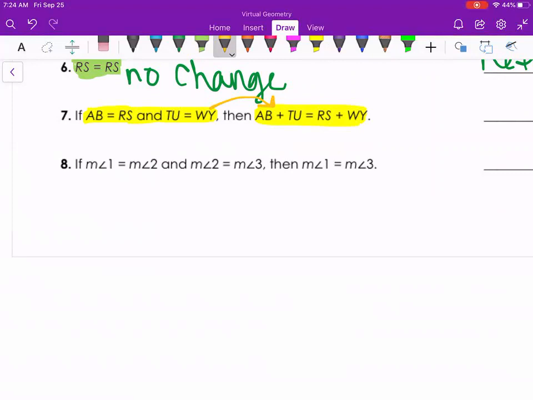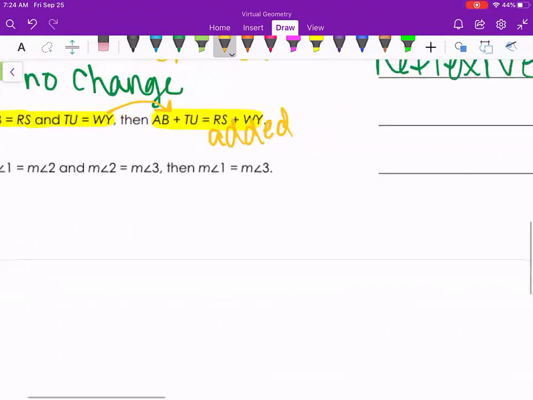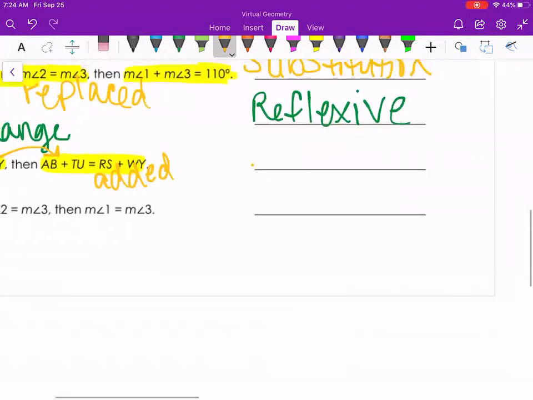So if TU and WY are exactly the same value, then we have technically added to both sides, added the same thing to both sides. So this is your addition property.